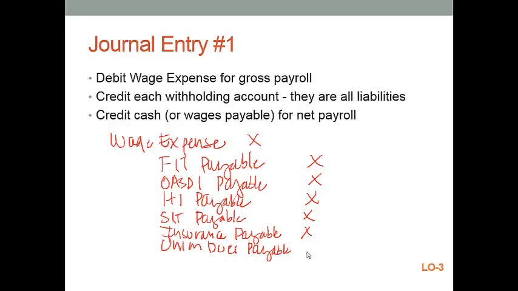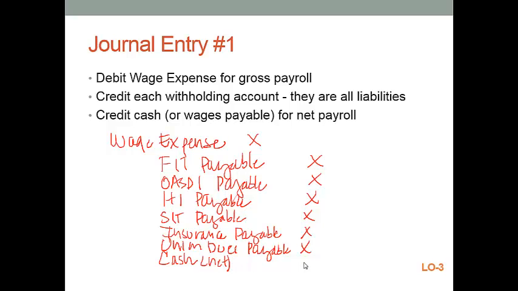Your textbook has fancy names for these accounts, but I am fine with it if, whatever the deduction is, like federal income tax or OASDI or insurance, you just stick payable after the word. That way we all know it's a liability. Then we're going to credit our cash, and this is our net pay.